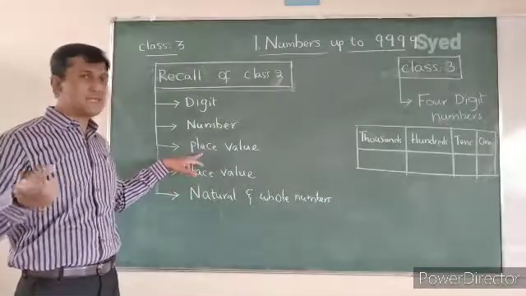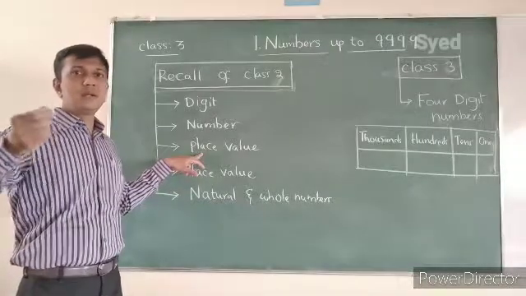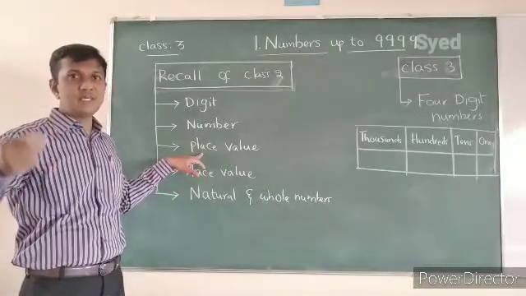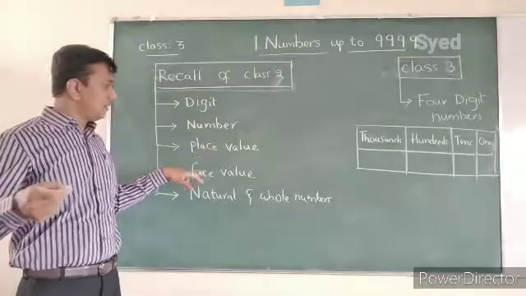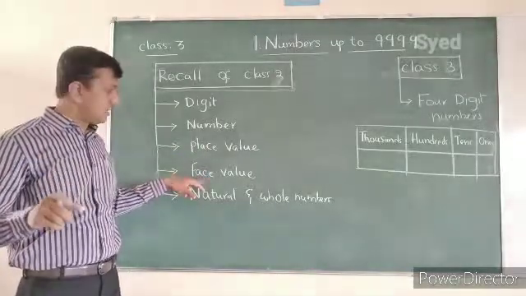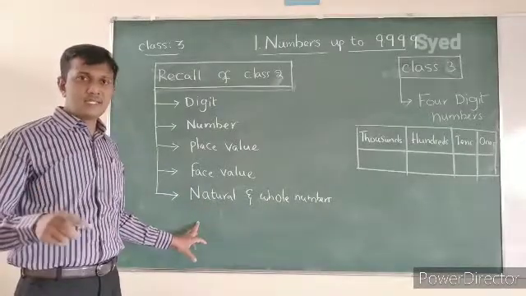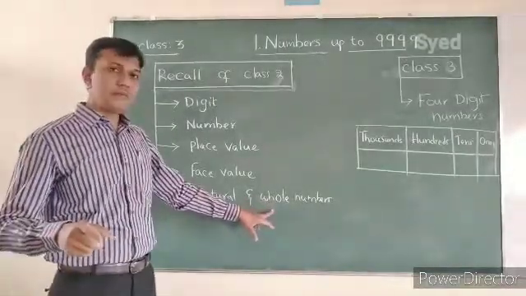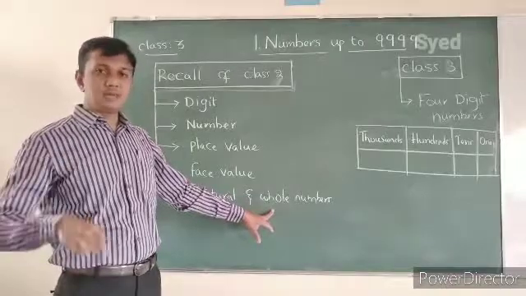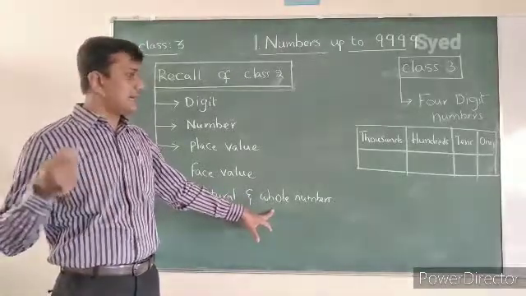Place value is the position of that particular digit, in which position it is there. Face value is the digit itself. And all counting numbers are called natural numbers.